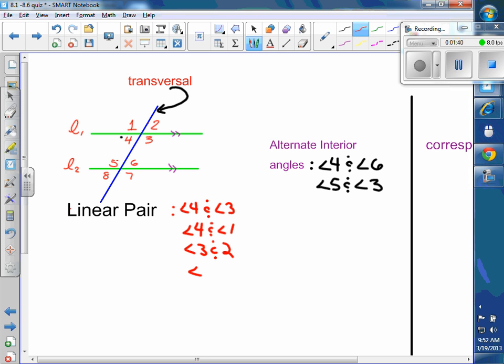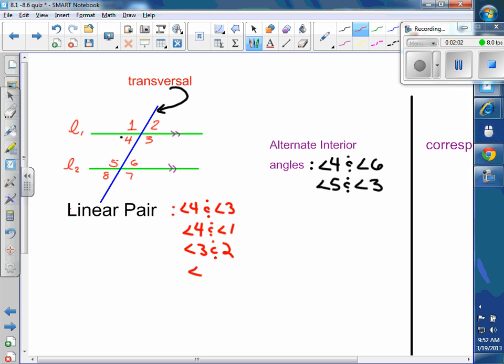So angle 3 and 6, that's called consecutive interiors. We're not going to do all of them, because the key ones for you to know are basically linear pairs, alternate interior, vertical, and corresponding, just so you get used to that vocabulary. There's lots of names, but those are the keys.